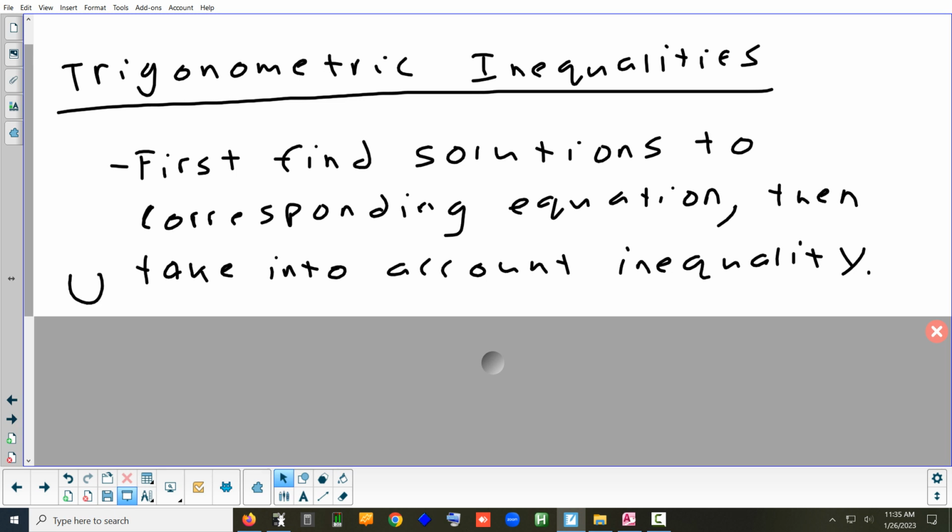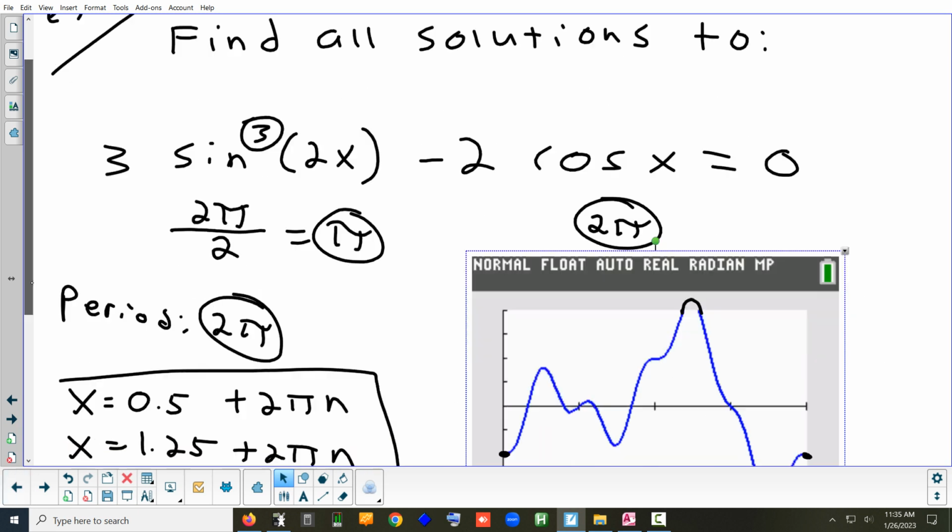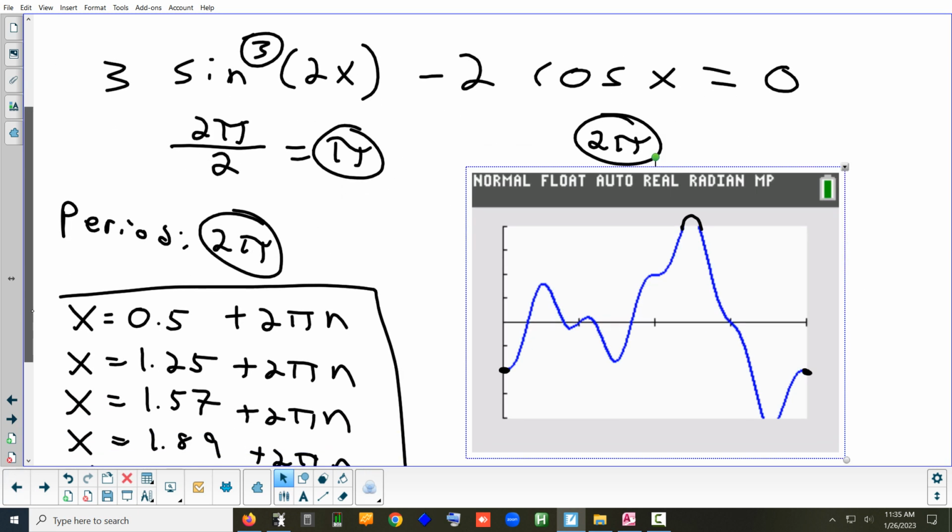Sometimes there's a union, like in this last problem, if you wanted to know where the graph is below 0. Let's say this was a less than 0 problem, not equals. Well, less than 0, I would find these 2 roots and say between those 2, and then I would say from here up to, but not including the end, because usually when you set a window, if you include the left side, you don't include the right side, because they're the same thing.